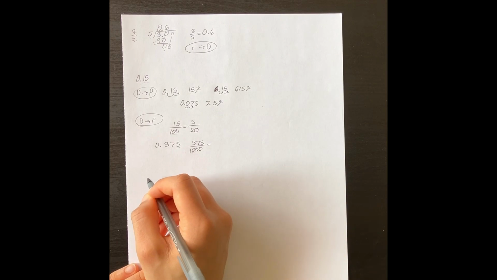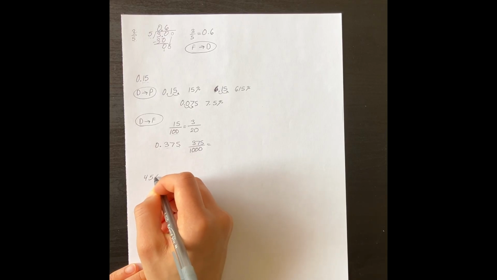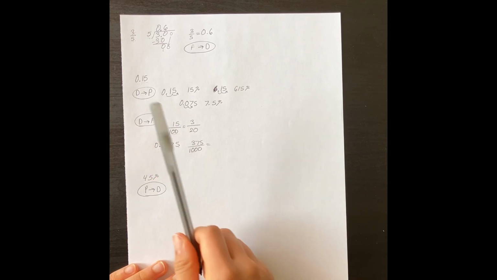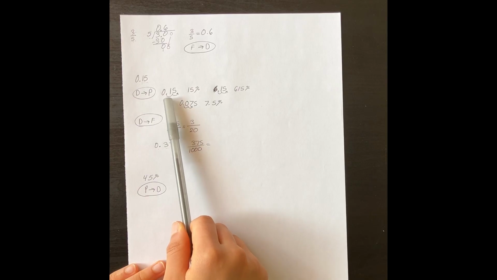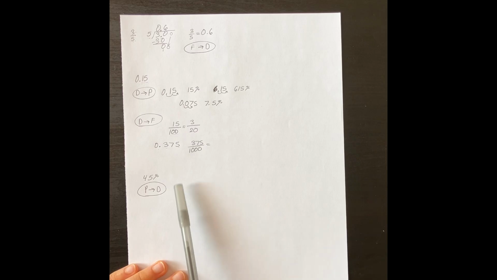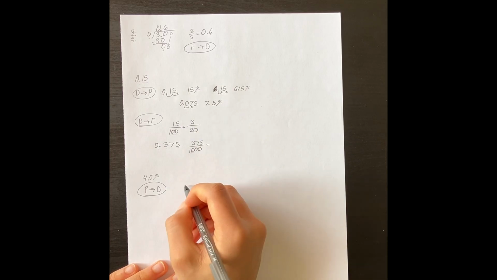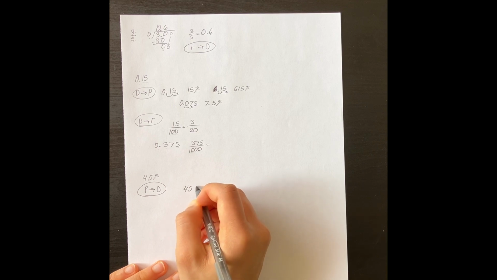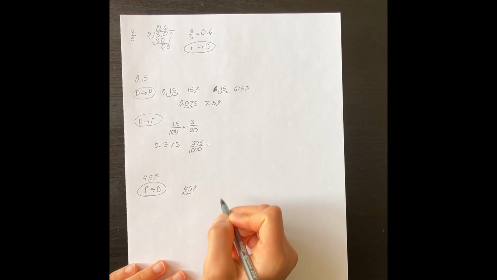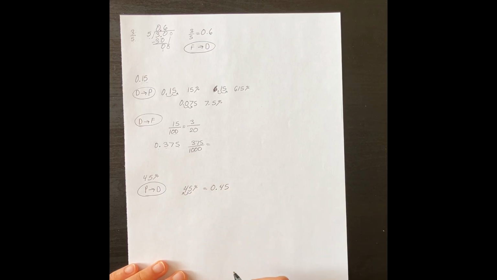Now let's move to starting with percents. How would you get a percent into a decimal? To get from decimal to percent, we move the decimal point over 2 spaces, but here we're doing the opposite, so we'll just move it to the left 2 spaces. So 45%, we're going to move the decimal 1, 2 to the left, so this is equal to 0.45.